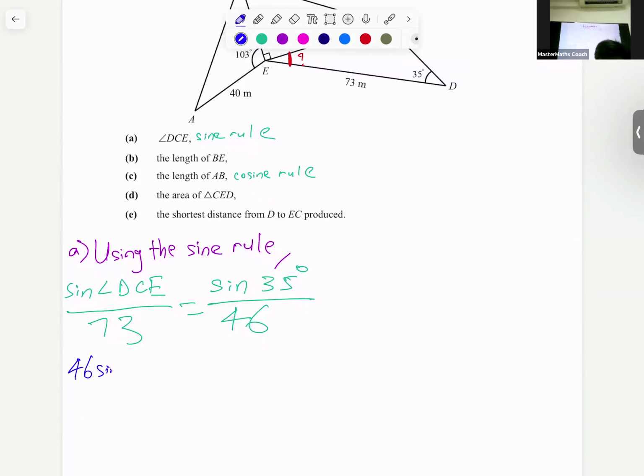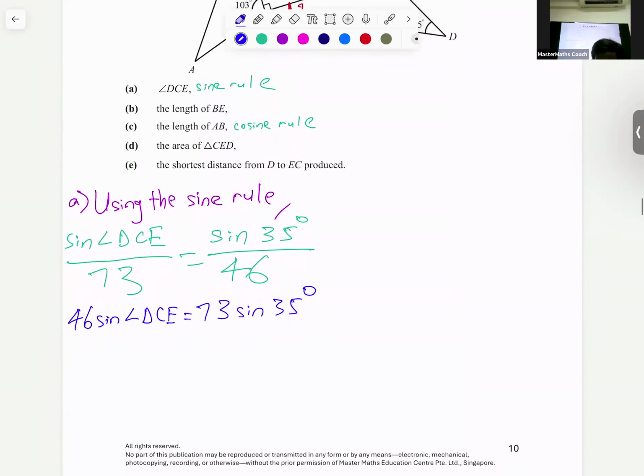So 46 sine of angle DCE equals to 73 sine 35 degrees. Then sine of angle DCE equals to 73 sine 35 degrees over 46.